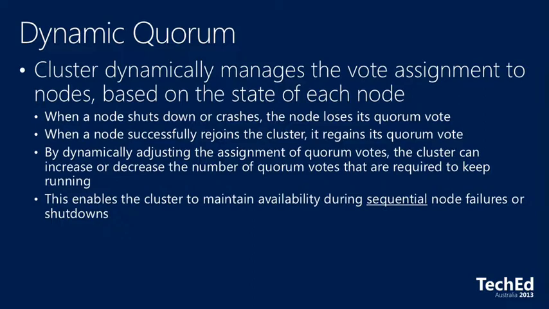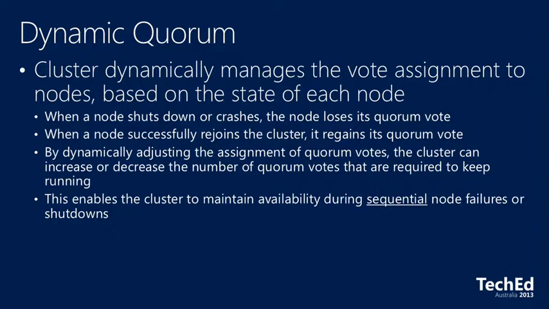This is different from the administrator manually manipulating votes by removing them. Obviously, if the administrator removes a vote from a DAG member, dynamic quorum does not give that vote back as that machine comes back up. So dynamic quorum will only remove votes from systems that are not already being managed manually by an administrator.